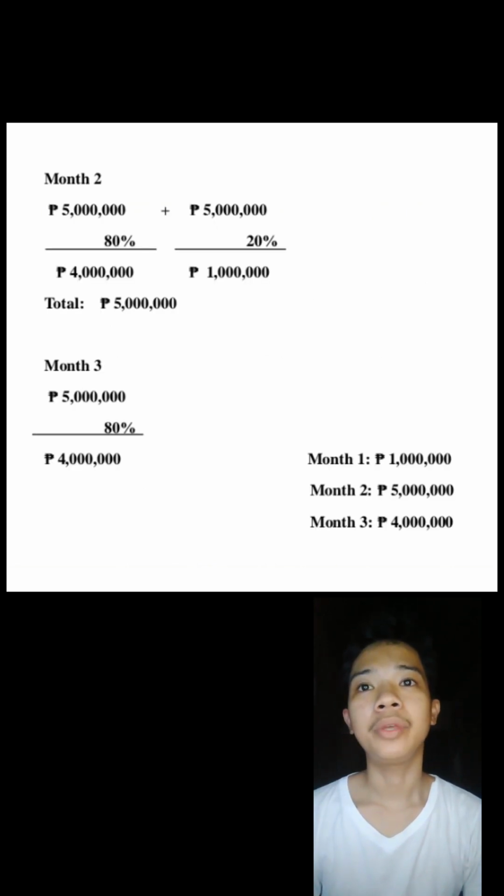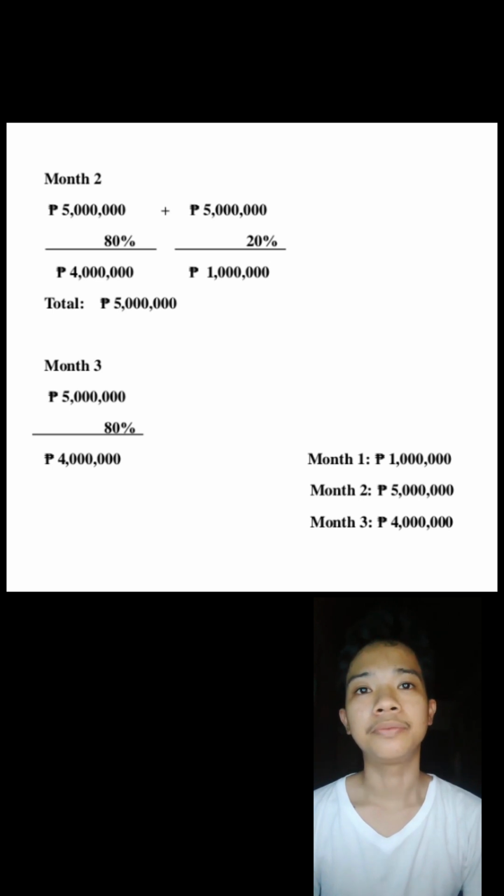Month 2, 5 million pesos times 80%, total of 4 million, plus 5 million times 20%, total of 1 million, and total of 5 million. Month 3, 5 million times 80%, total of 4 million.